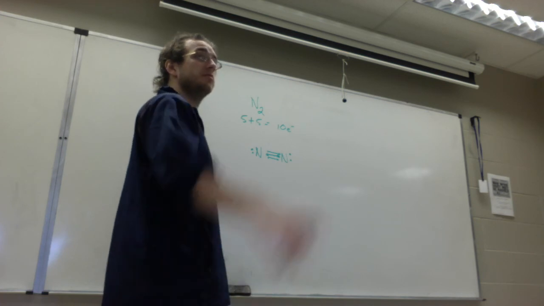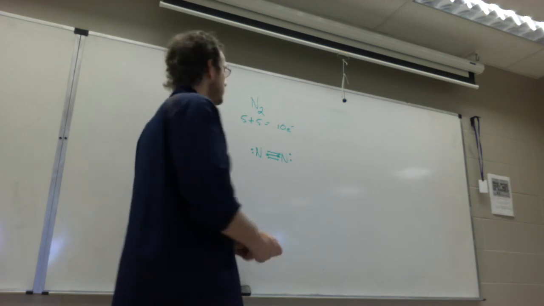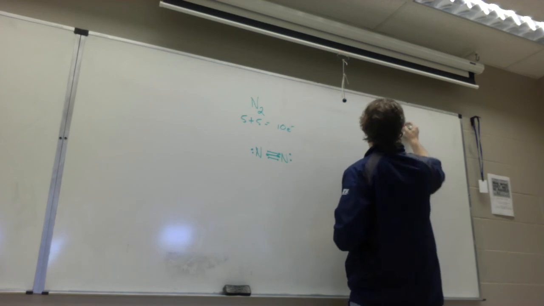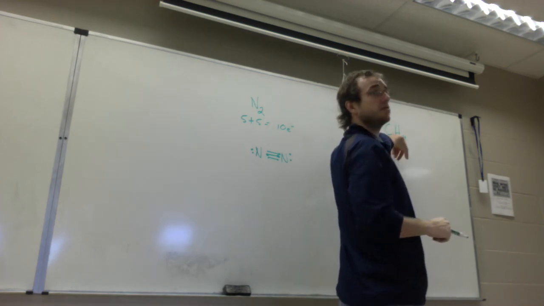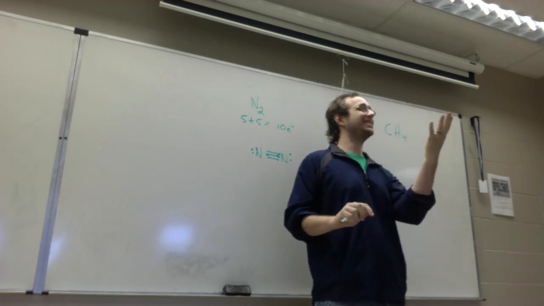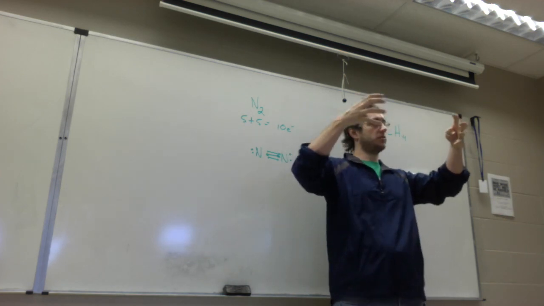Something like this. If you find carbon on the periodic table, how many valence electrons does carbon have? Four. How many more does it need to become stable? Four. So how many bonds will it make?